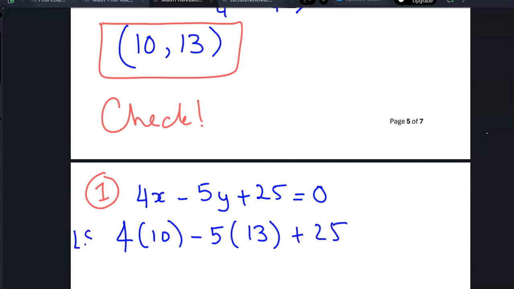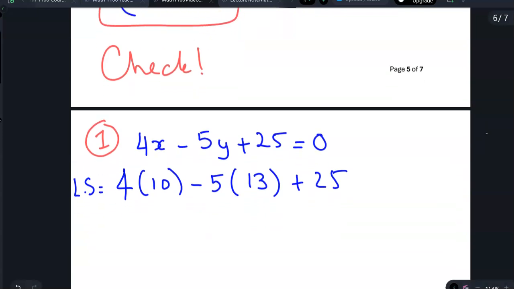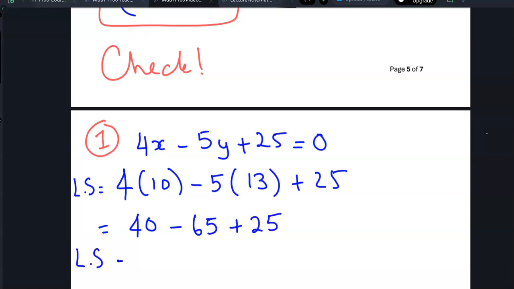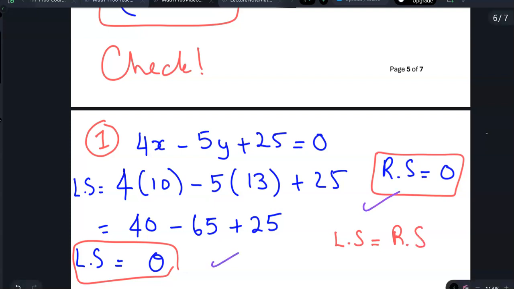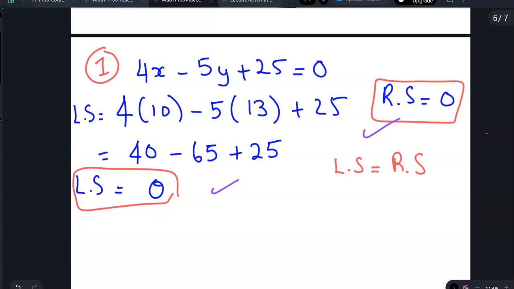So this is my left hand side. So this will be 40 subtract 65 plus 25. So left side is equal to negative 25 plus 25, so it will be 0. So right side is equal to 0 also. So then I have the left hand side equal to the right hand side. So I am good for equation number 1.